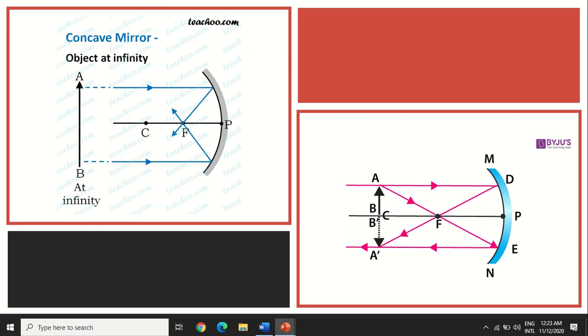Keeping the compass here, draw an arc that represents the concave mirror, and the midpoint of this arc is the pole. Joining P and C, we get the principal axis, and F is the midpoint of PC. So how can you determine F?